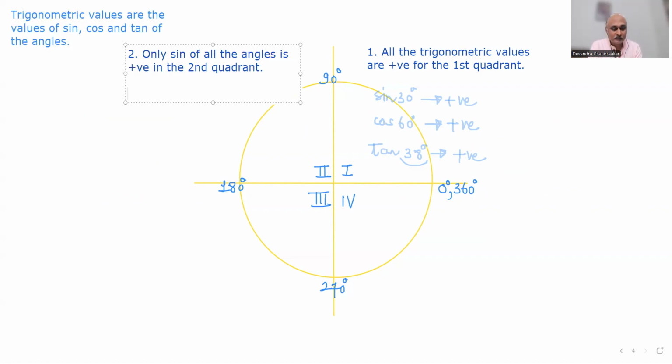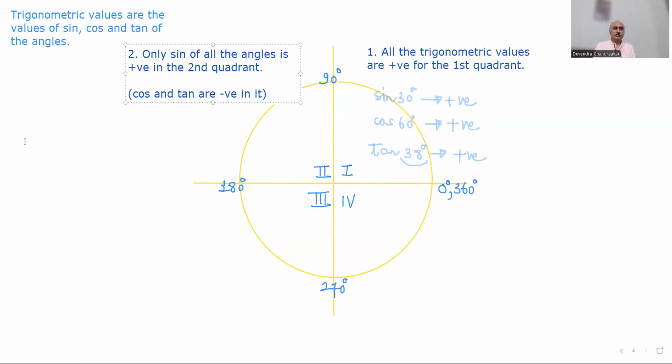That means cos and tan are negative in it. Right? Cos and tan are negative in it.